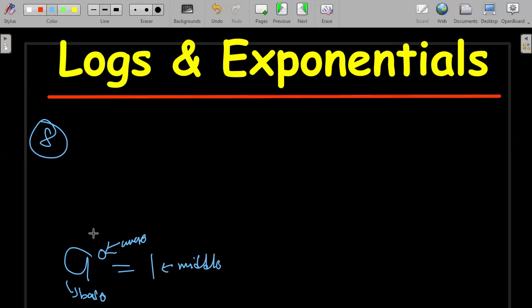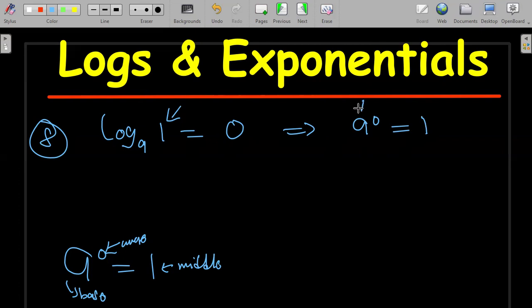When I write it in log form, it will be log base a of 1 equals 0. So whenever I have log of any number and what comes there is 1, then this is just 0. Because when I take it to exponential, it will be a to the power 0, which is definitely equal to 1, regardless of the value of a. So a can be any number. Take note of this law. We're going to be using it in the questions.